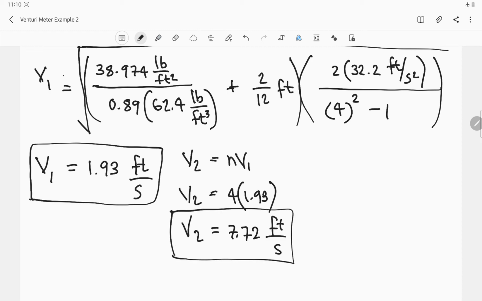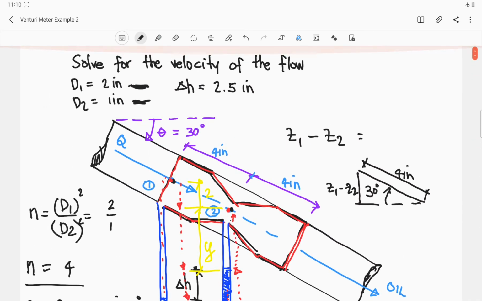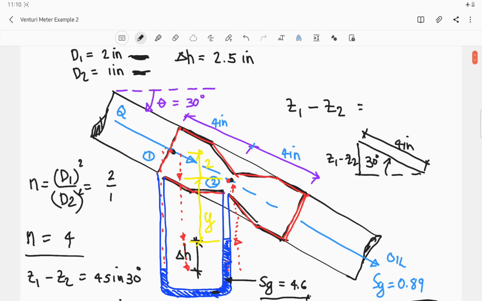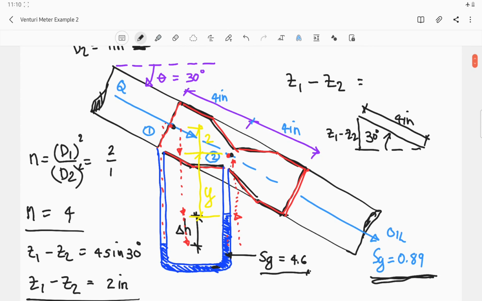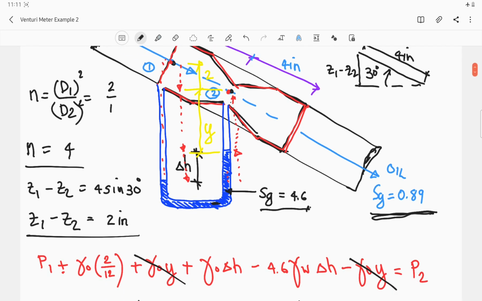Okay, so let me go back. We are given this problem: we have an inclined pipe with a Venturi meter installed. The difference in the manometer reading is 2.5 inches. First we solve for n, which is d1 squared over d2 squared, so that's 4.